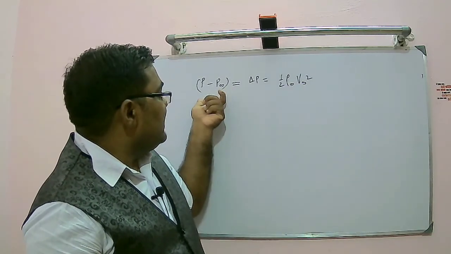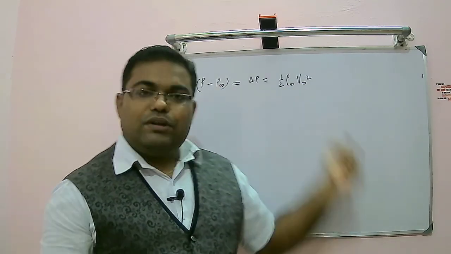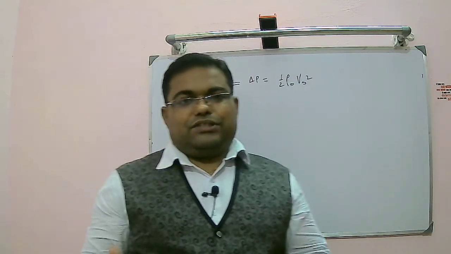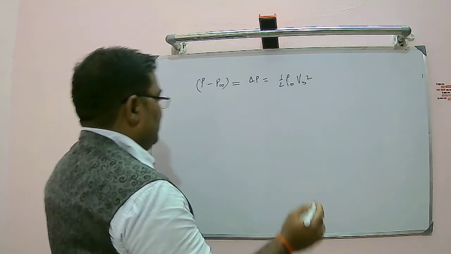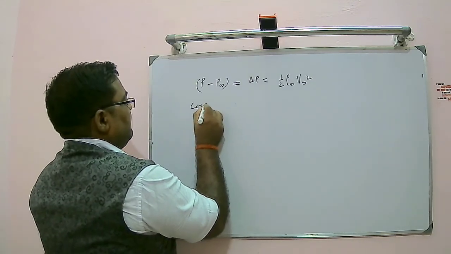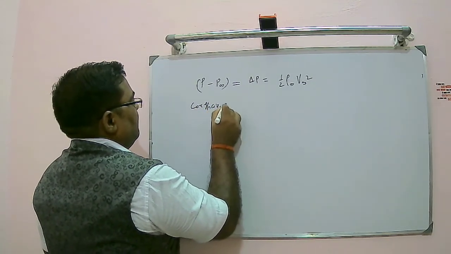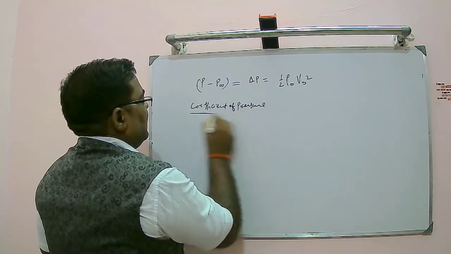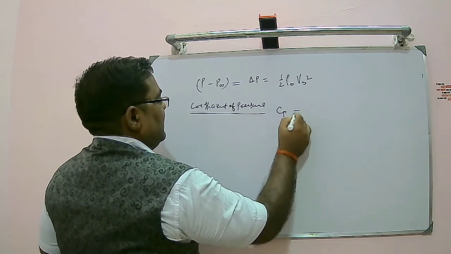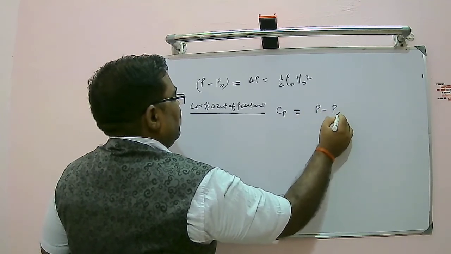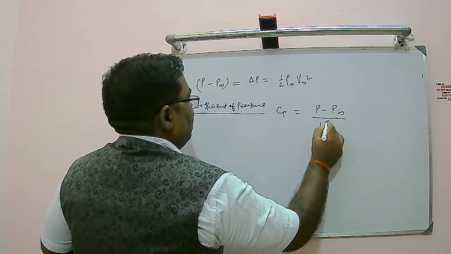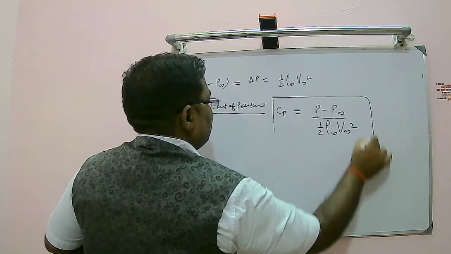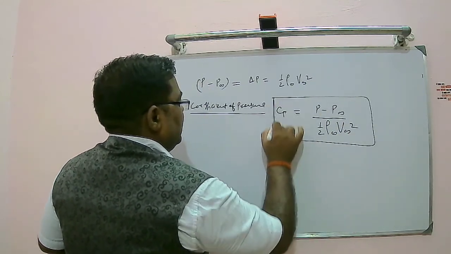If I divide this pressure difference, P minus P infinity, by the same quantity, I will get a non-dimensional pressure that is called coefficient of pressure. So coefficient of pressure is defined as Cp is equal to P minus P infinity divided by half rho infinity V infinity square. This term is known as coefficient of pressure.